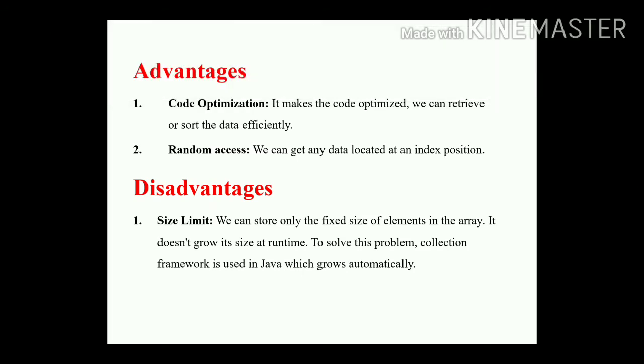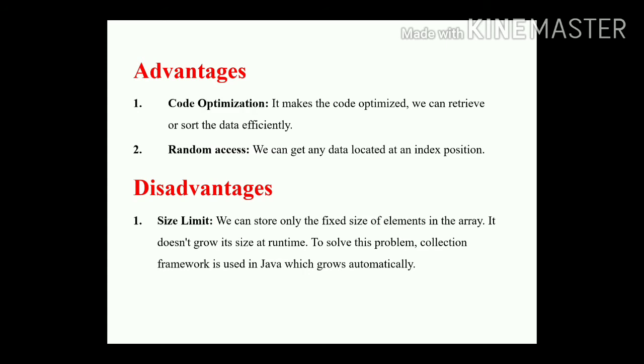The second advantage is random access. We can get any data located at an index position, and that index position starts with the 0 index. The disadvantage is size limit. We can store only a fixed size of elements in an array.